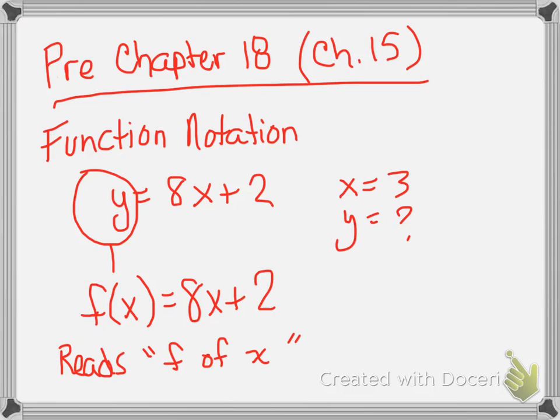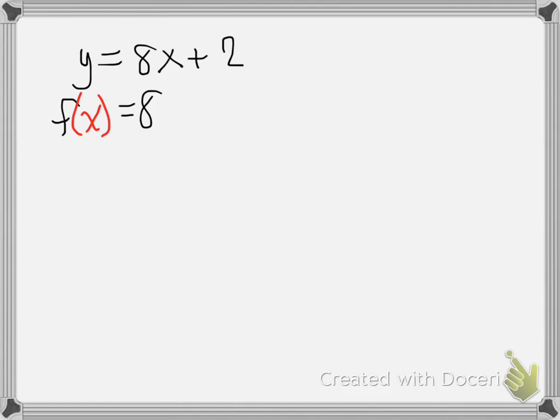It just means that this part right here is the function, and your variable within the function is x. So if I have an equation y equals 8x plus 2, I can rewrite that equation in function notation as f of x equals 8x plus 2.